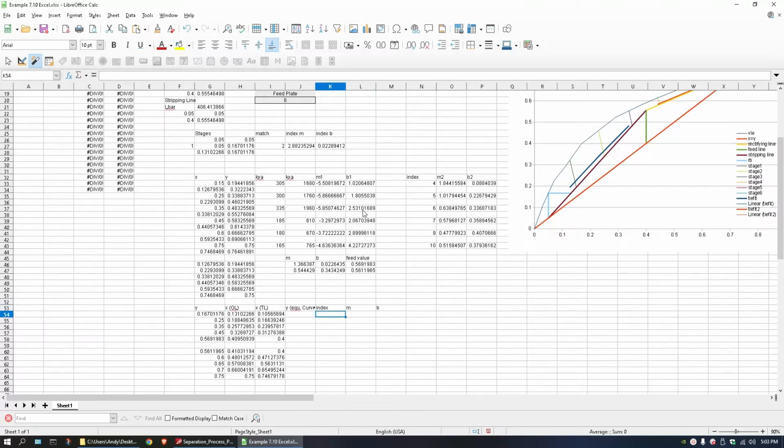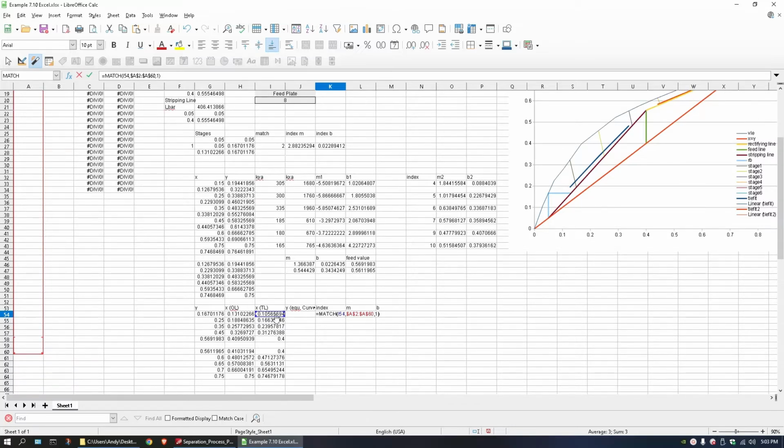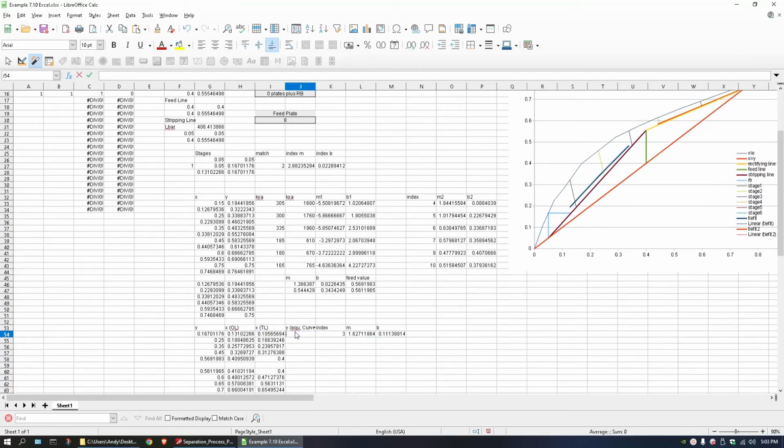Just like before, we're going to take this, paste it here. Actually, we're going to be using our tie line because that's where our x value is. We want to match our x from our tie line that we just calculated to the x, so we can use our slope equation for the right spot.